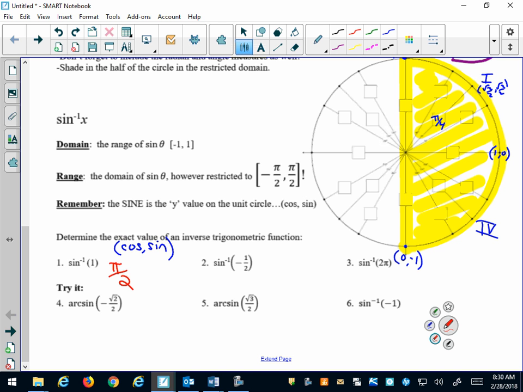Number 2 says, what is the inverse sine of negative 1/2? In other words, at what angle is the sine value negative 1/2? So at what angle is the y of the ordered pair negative 1/2?